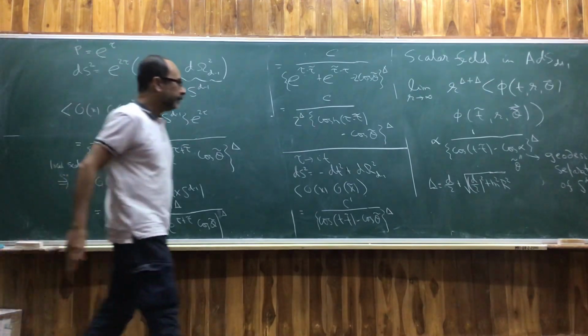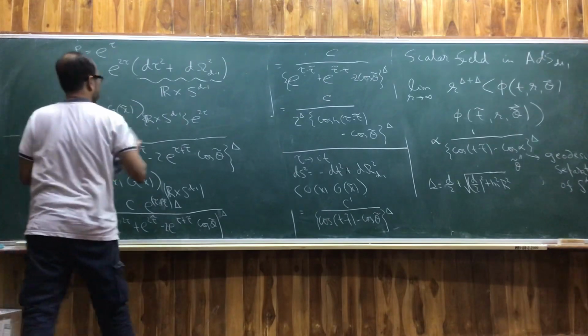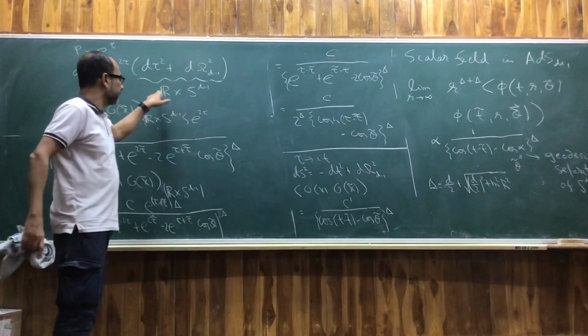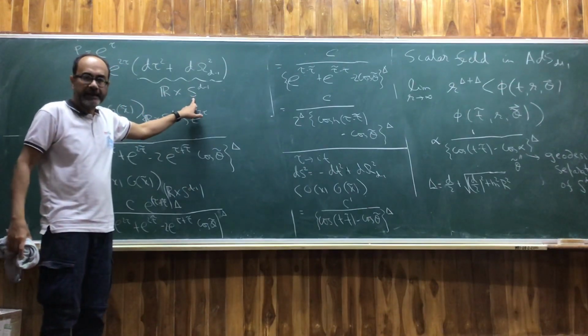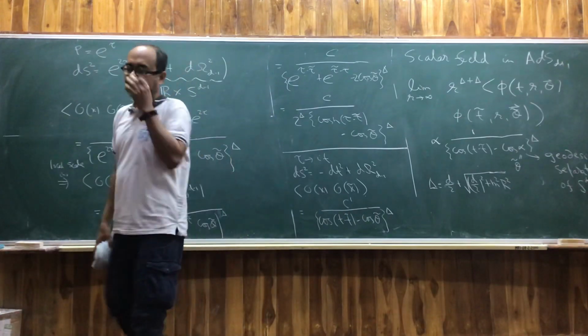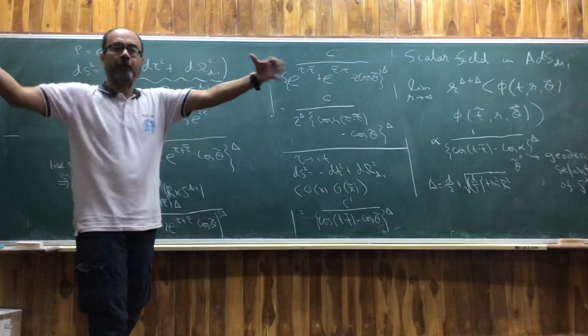Okay, so what we see from here is the first glimpse of the AdS/CFT correspondence. First of all, see that this space, R times S^(d-1), is the same as the metric on AdS at the boundary.